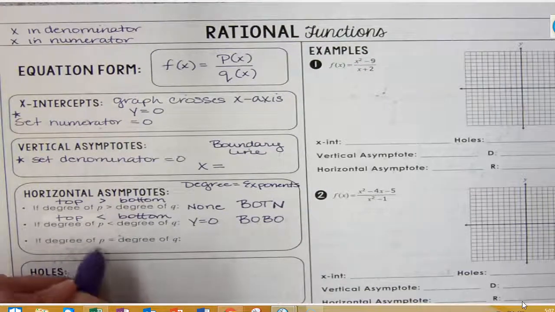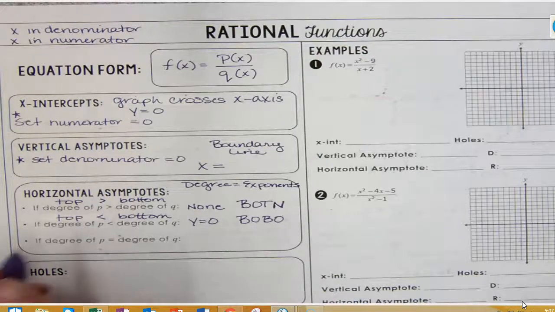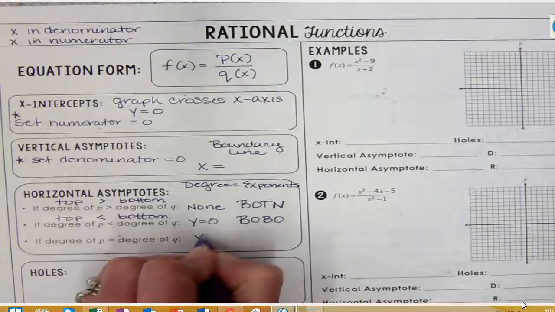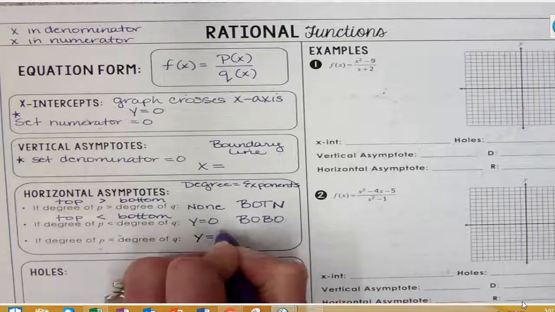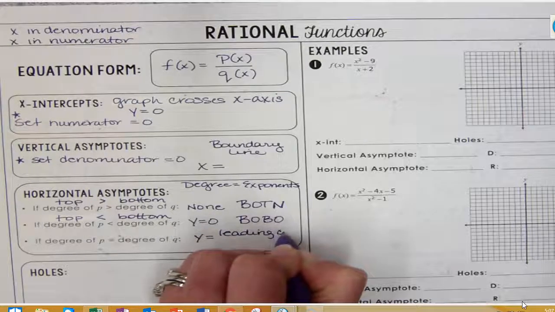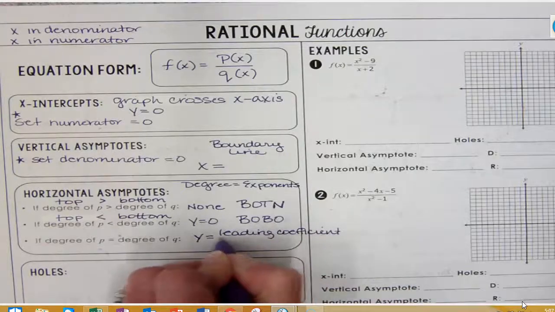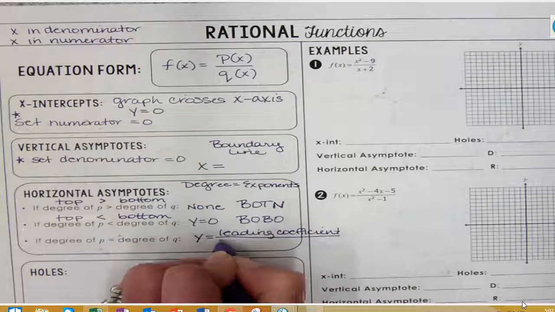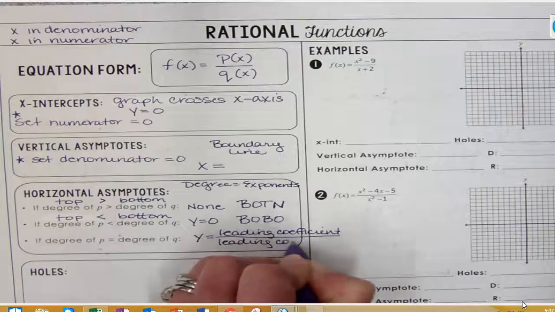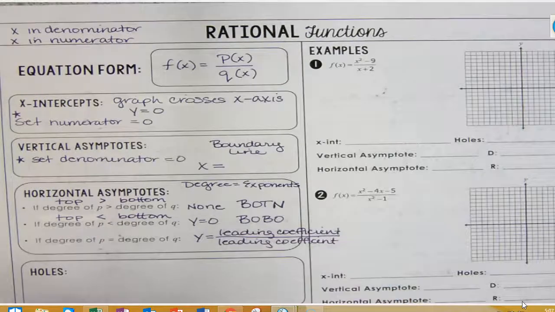Then if the degree of p equals the degree of q, y is going to equal the leading coefficient of the numerator divided by the leading coefficient of the denominator. How are we going to remember that?